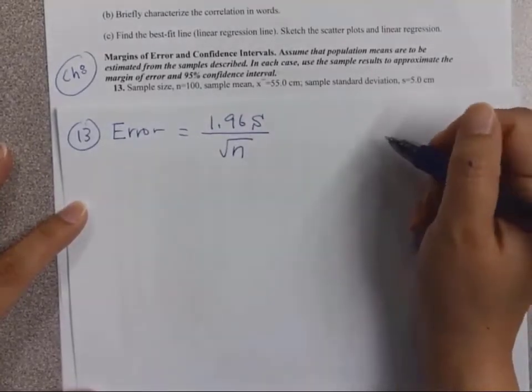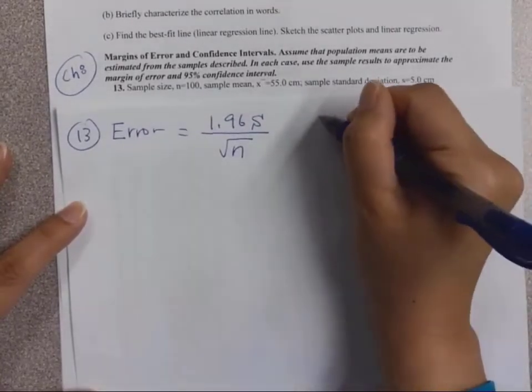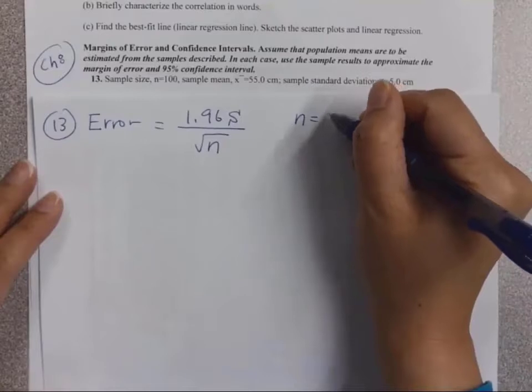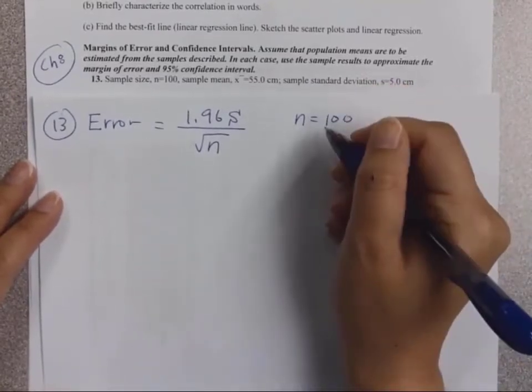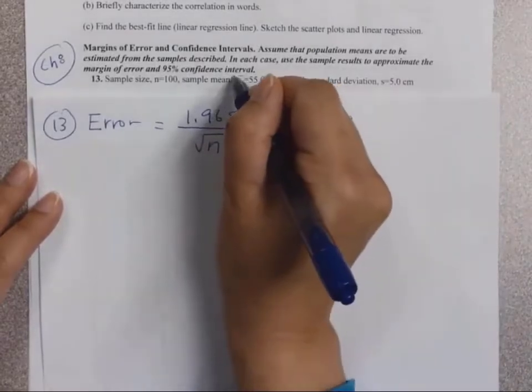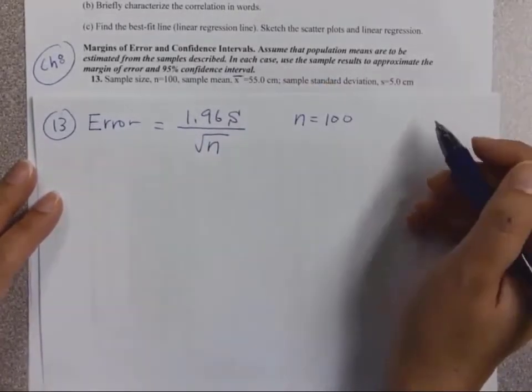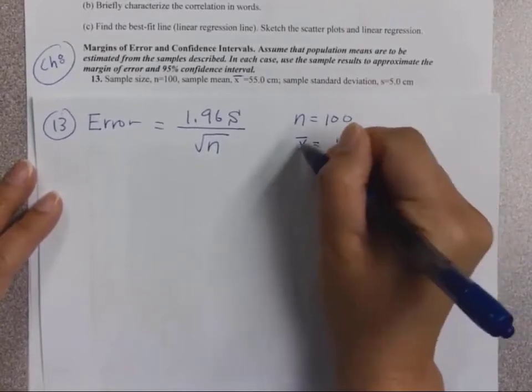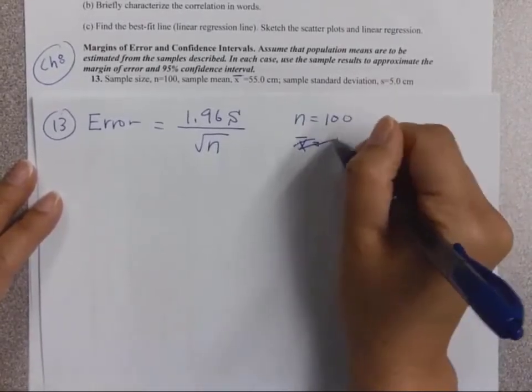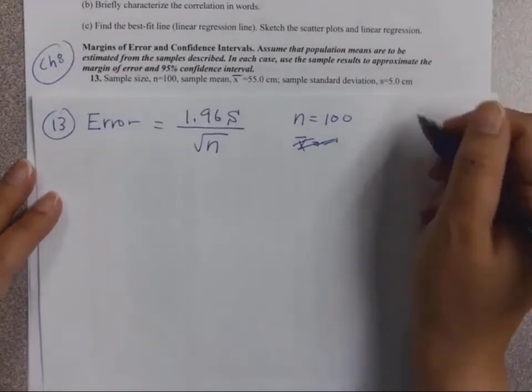Perfect. So my n for this question is 100. And my sample mean, they will use that as the population mean, right? So the x bar is the sample mean. Standard deviation, what is the standard deviation?